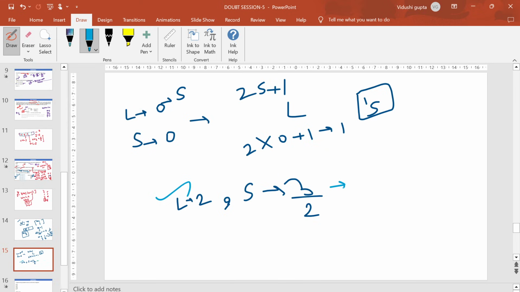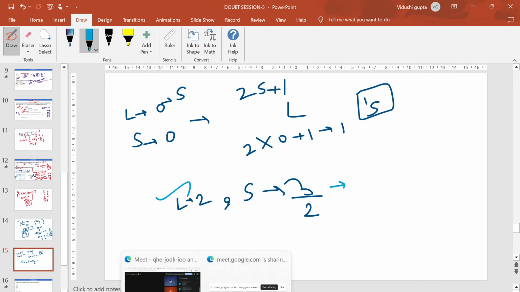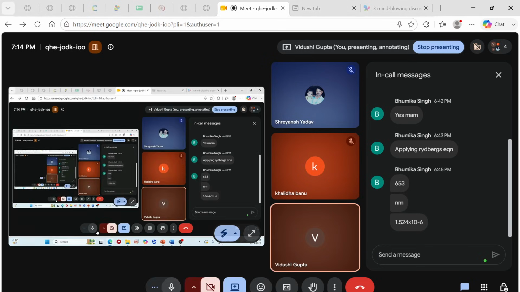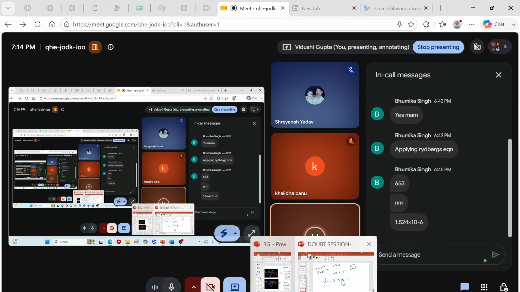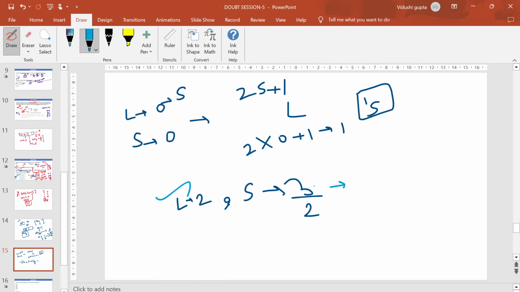What is the term symbol? Khalida Banu, what will be the term symbol?